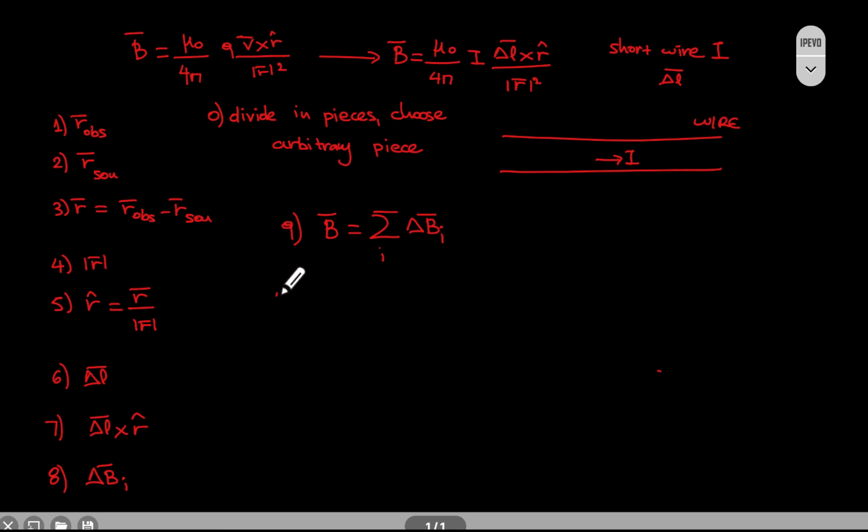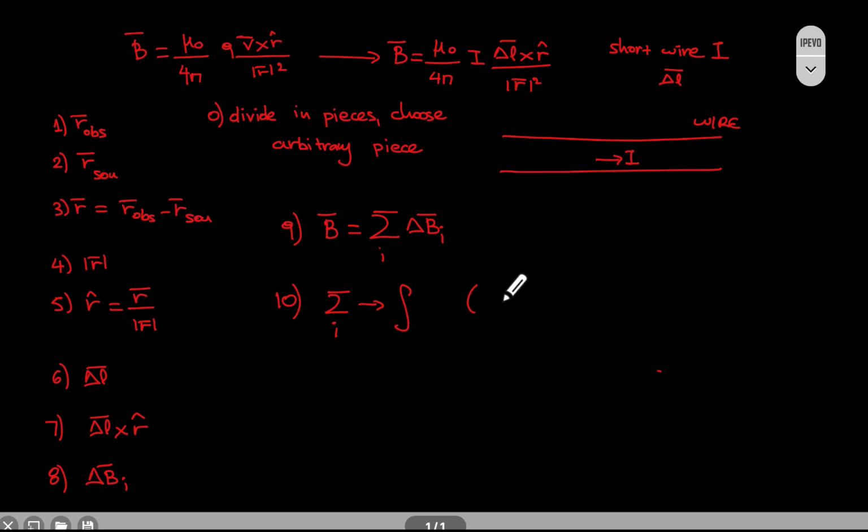And once we have that, we need to take the limit of this expression from step 9 when delta L goes to 0, or in a different way, when the number of pieces of short wire goes to infinity. So we need to convert the sum into an integral.